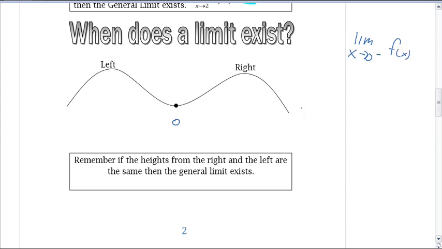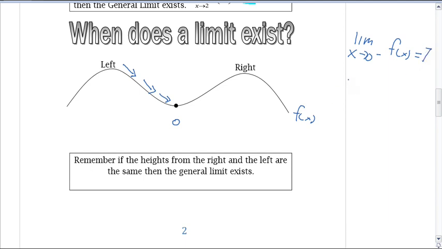To approach from the left, I'm going this way. This is my left-hand side, and I'm getting closer and closer to 0. Now let's say that height was 7.